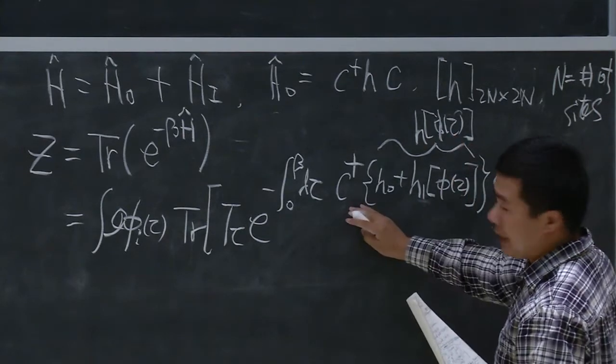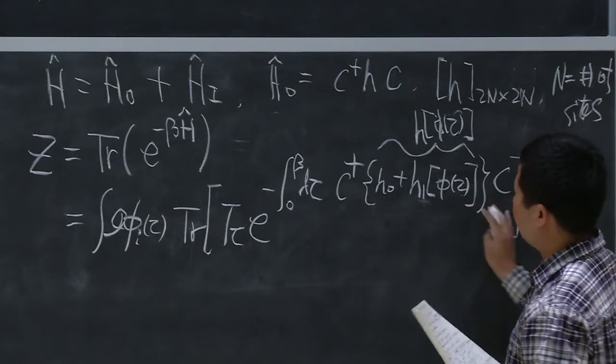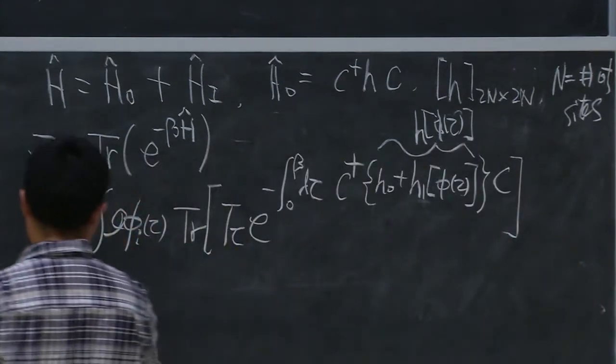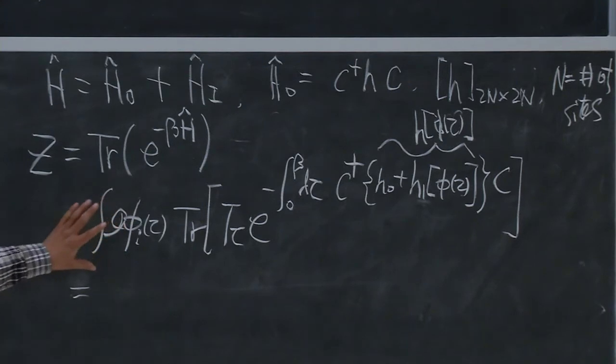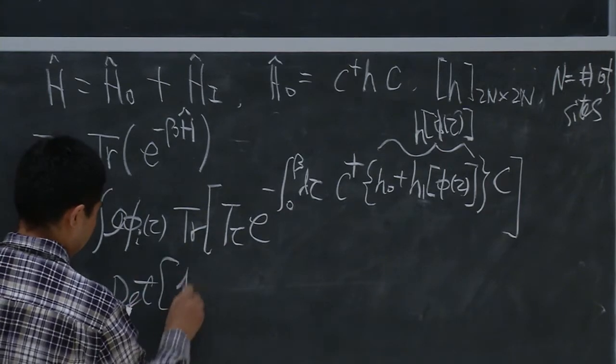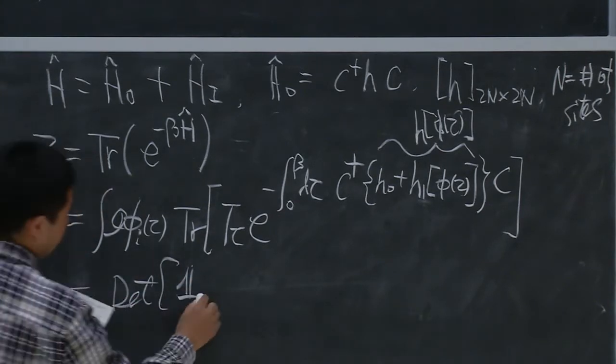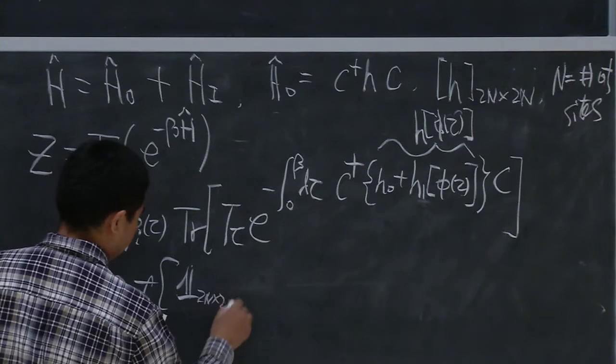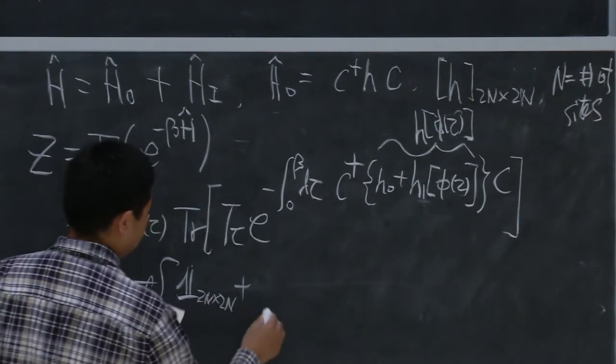And then we can do the trace, since these are bilinears. And this trace, as Simon discussed, is a determinant. So the identity matrix is 2N by 2N plus G.